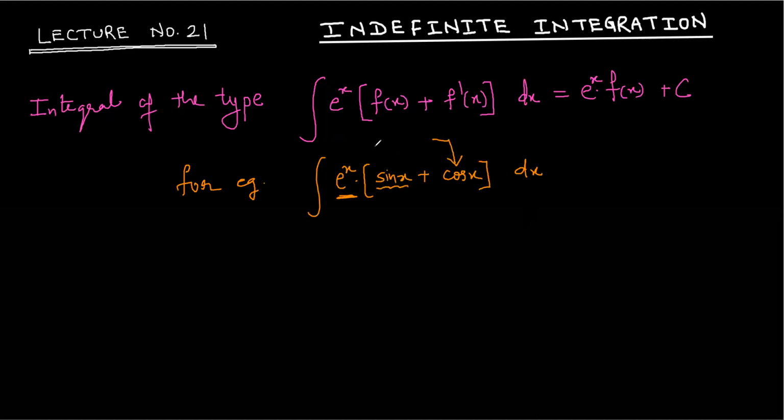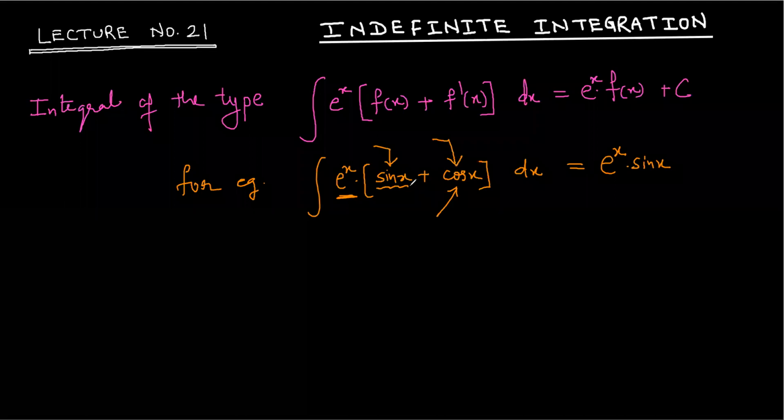So this is your f of x and this one is your f dash x. As per the result, the answer is e raised to x into sine x. That is e raised to x into f of x, not f dash x. Please don't write e raised to x into cos x. Cos x is the derivative of sine x. So the answer is e raised to x f of x plus c.